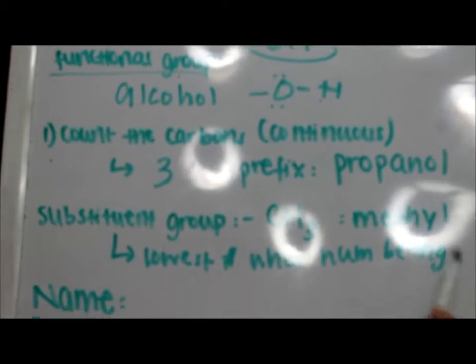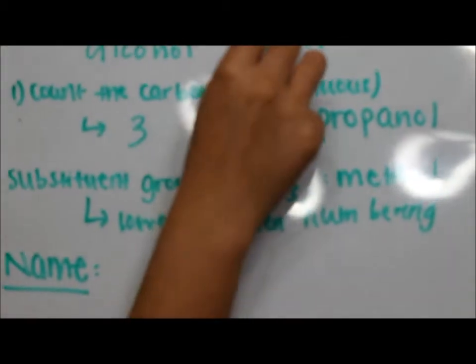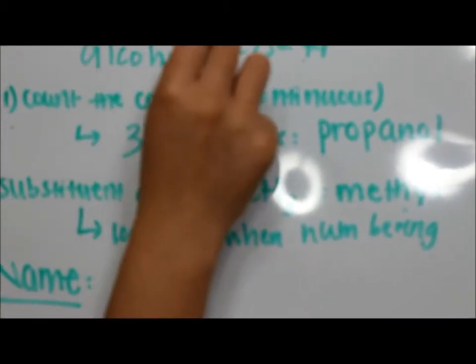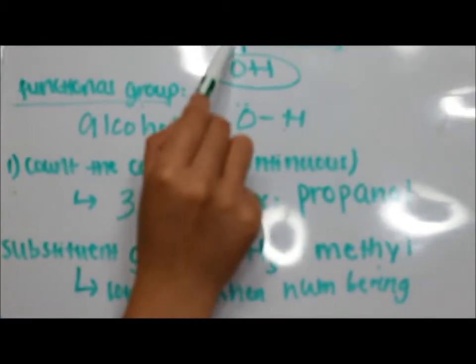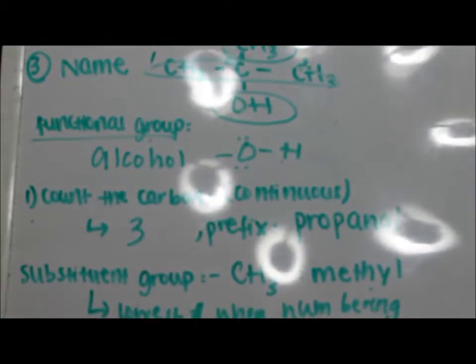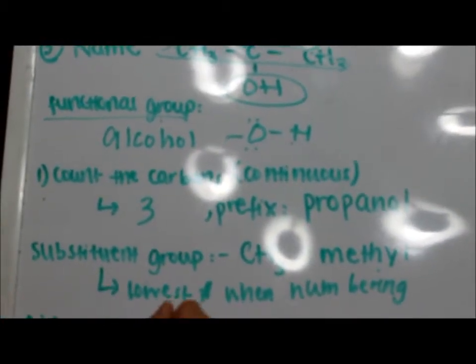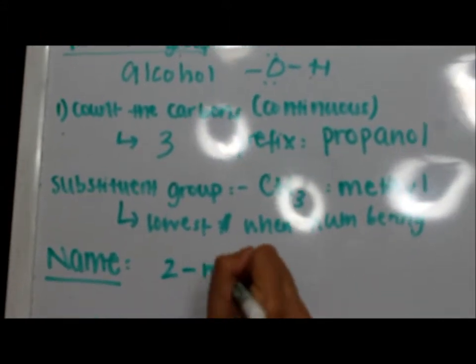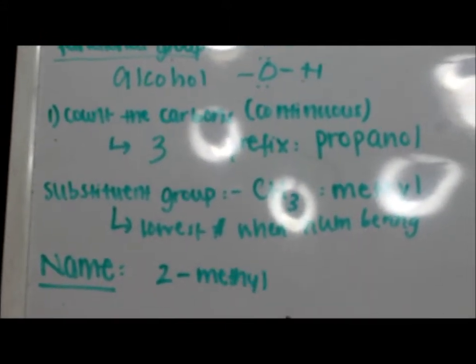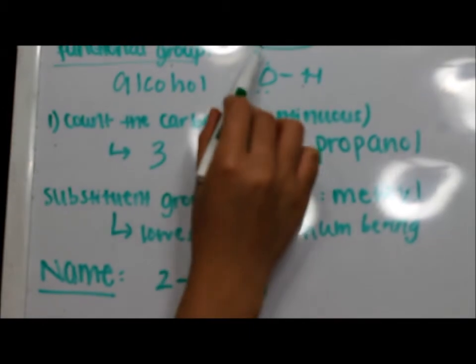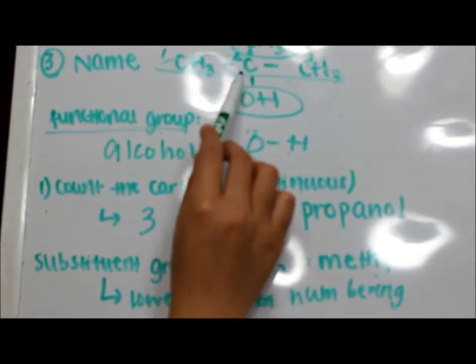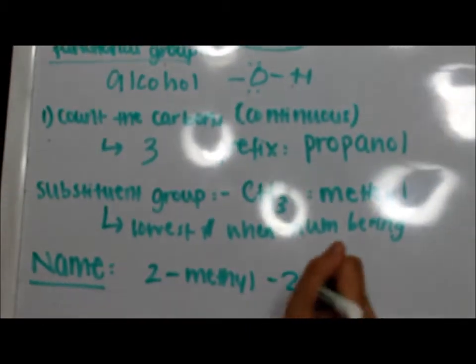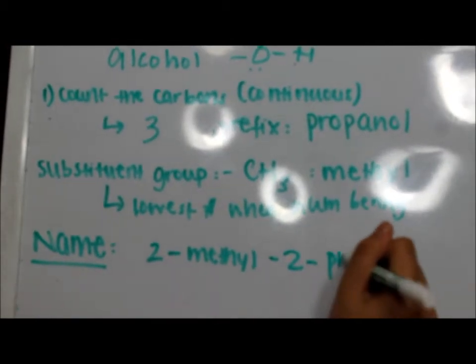Since both ways the substituent group is still on the second carbon, we are going to put 2-methyl, and since the hydroxyl group is also on the second carbon, we're going to put 2-propanol.